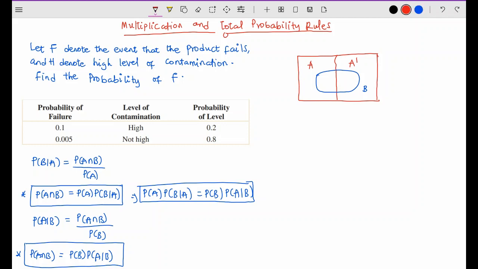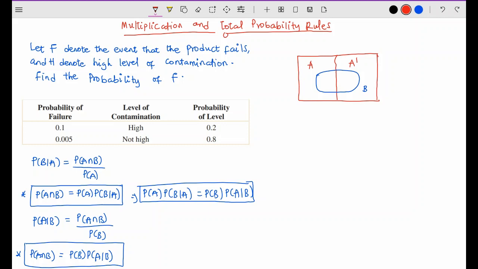So A and A prime are mutually exclusive. What that means is that you're not going to find a common event in A and A prime. If an event is in A, you're not going to find it in A prime again.